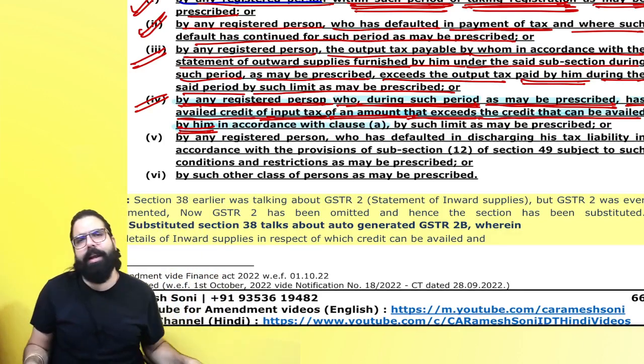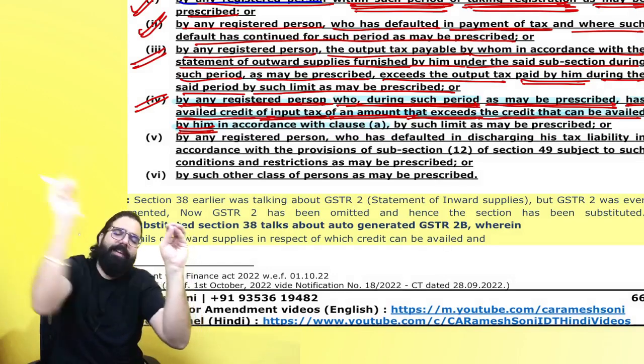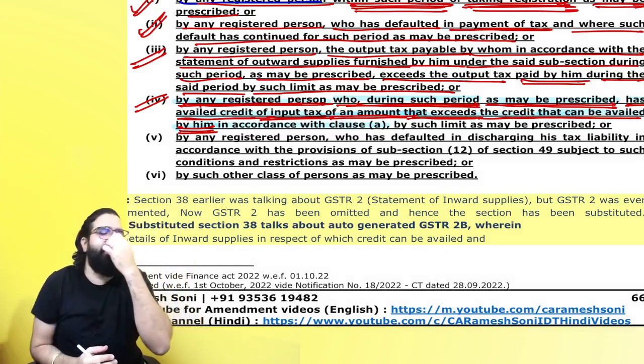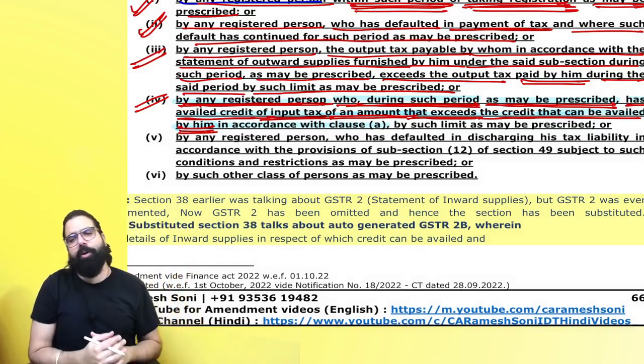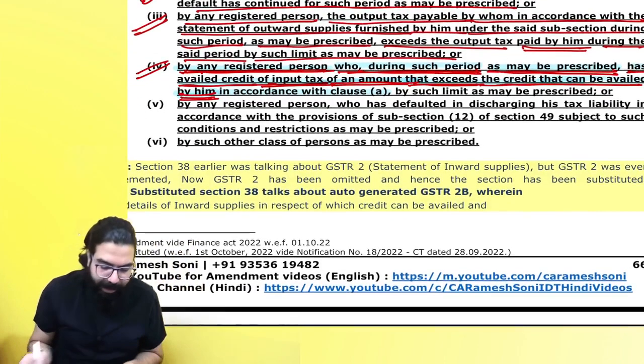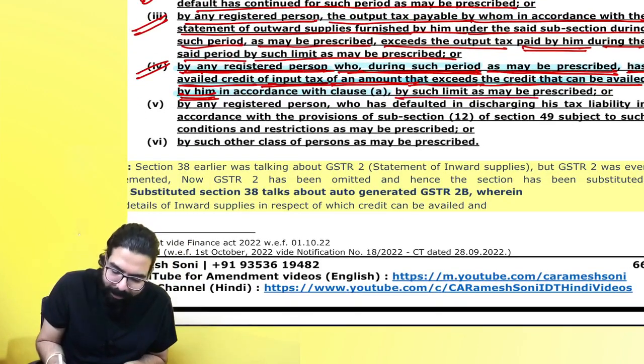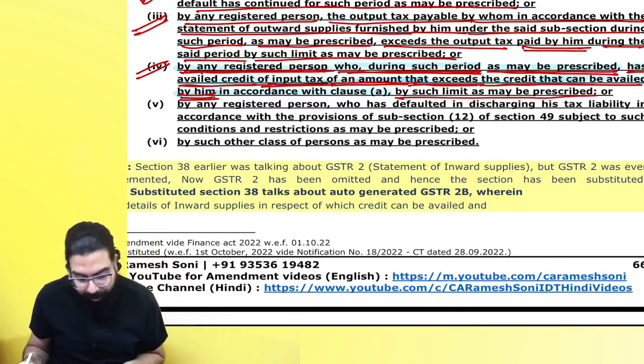Then the government is telling, sir, that the credit which he is trying to pass on will come in your GSTR 2B restricted column. That's all the government is telling, sir, by such limit as may be prescribed. As of now, nothing has been prescribed.